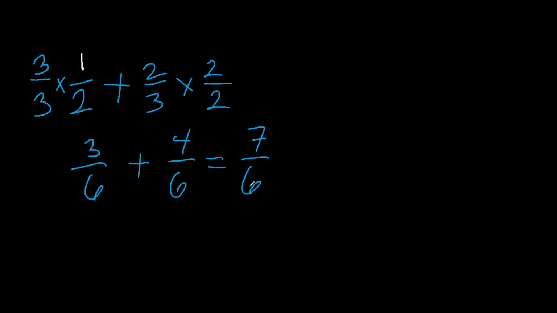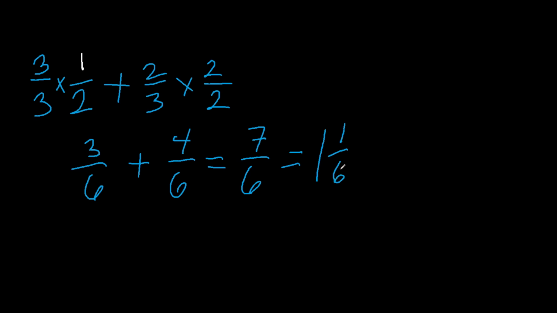The numerator is larger than the denominator, and you'll see this from time to time. So we know that 6 over 6 is 1. So 6 from 7 leaves 1, so 1 and 1/6 is your answer there.